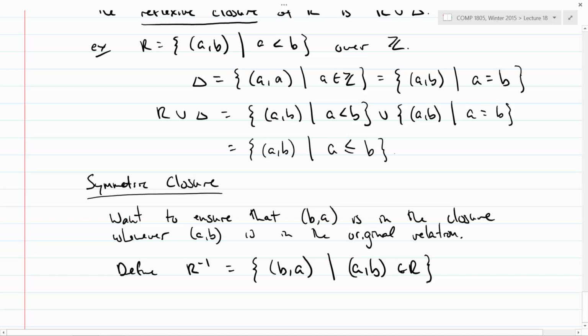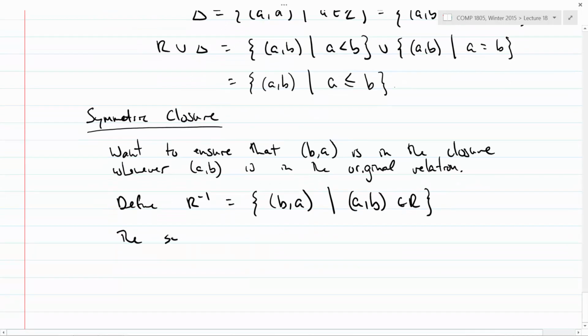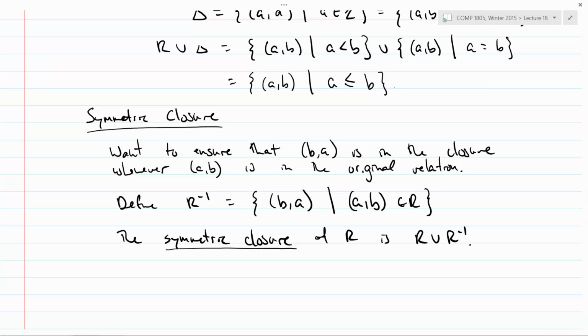Then the symmetric closure of R is just R union R inverse. And notice again, we're not adding any elements that don't have to be there. All of these elements have to be there, so nothing extra is going to happen, and we can't add any less because all those elements really do have to be there.